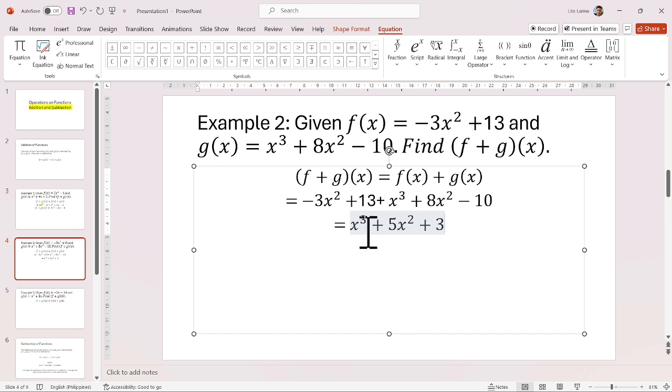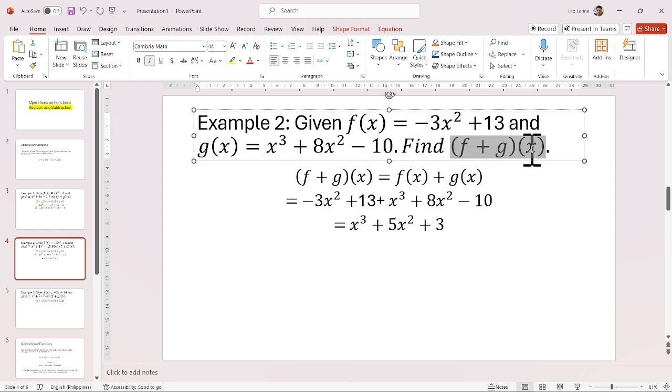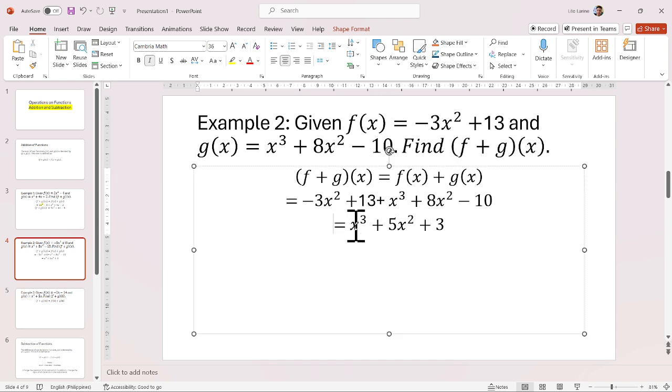Then next are the terms with x squared. As you can see, we have negative 3x squared plus 8x squared, and that is equal to plus 5x squared. And we'll proceed with the constant terms. The remaining terms we have plus 13 and minus 10, and that is equal to plus 3. Thus, again, the sum f plus g of x is equal to x cubed plus 5x squared plus 3.